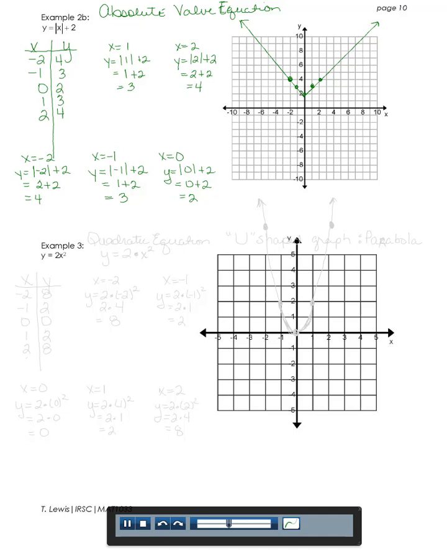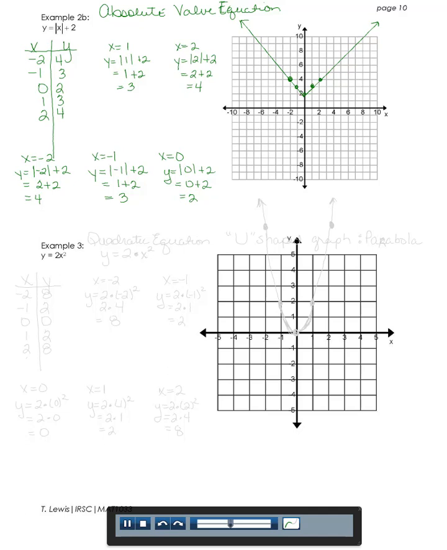All right, absolute value equations. The shape of the graph is a V-shaped graph. You may come across that. Is that the only graph that's going to have a V?